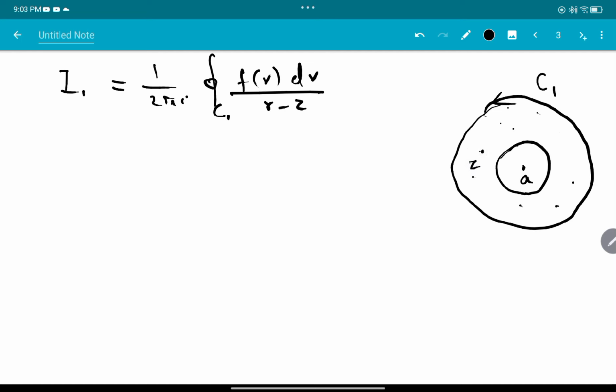Now, this is z, and this is A. And what is gamma? Gamma is the variable of integration. You can think of gamma as the coordinates of the points on this path C1. So gamma represents coordinates of points on C1.